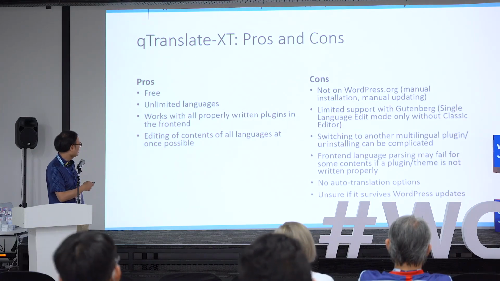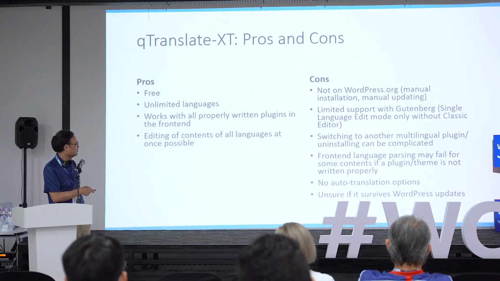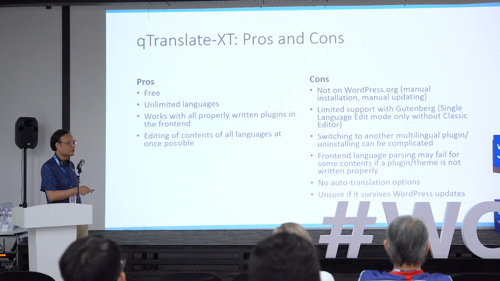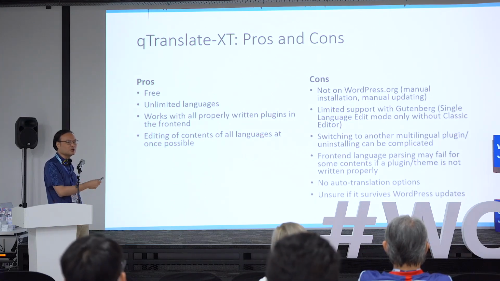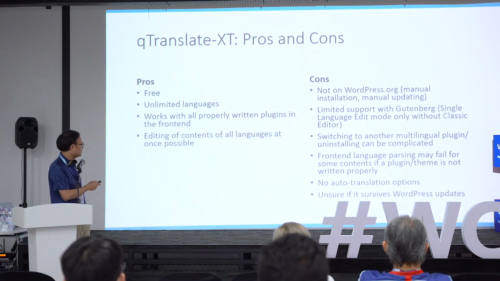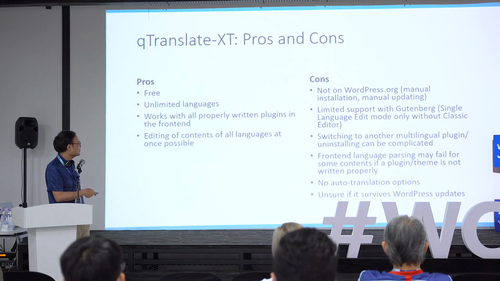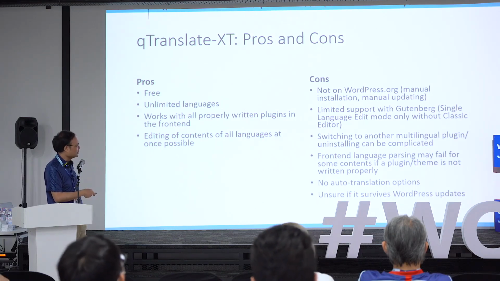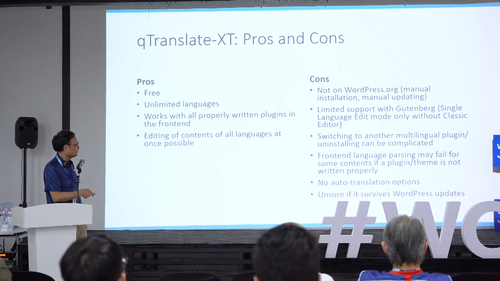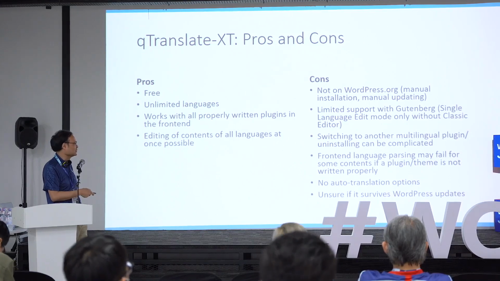And then, just a flip of this, if the plugin or theme is not written properly, you will see the text and all the language contents at the same time. And then there is no auto-translation, no AI. Okay, and last thing, I think it is maybe a little bit bigger because I think it's unsure if it survived the WordPress update.